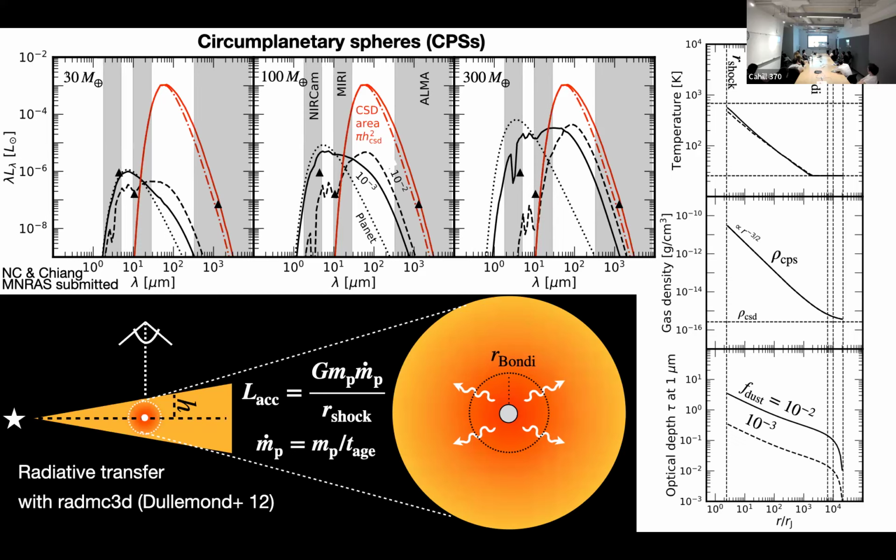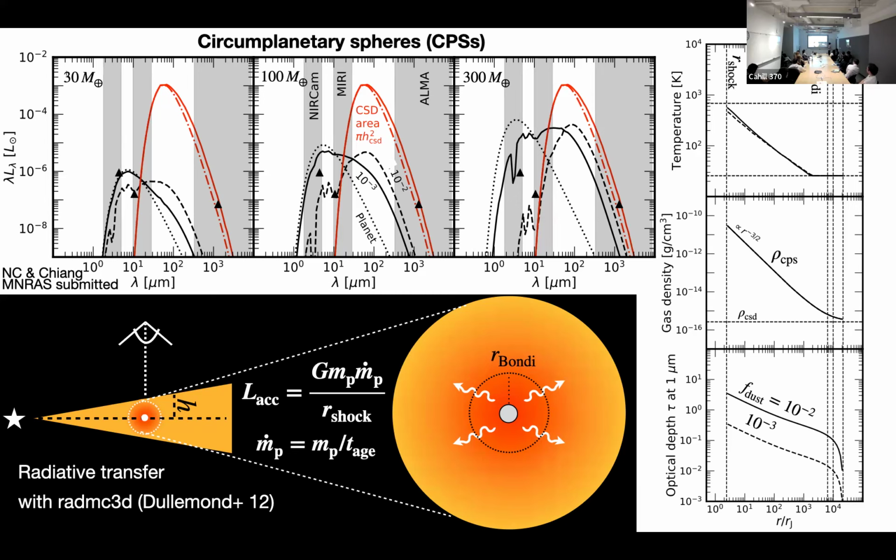I should say that to get the solid curve to work, I had to deplete the amount of dust in the envelope a little bit. This is a 10th solar in metallicity. If you go to really dusty envelopes, the dust in the envelope kills off all of your near-infrared power. That's this dashed curve here. It attenuates everything. That power doesn't disappear, it just gets reprocessed out to longer wavelengths.